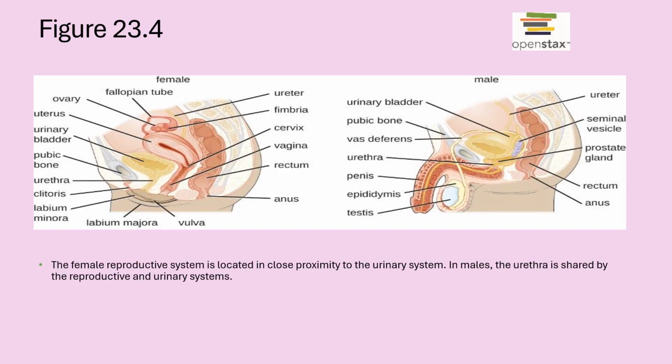If we look at the structures over here on the left with the female, you have the ovary, the fallopian tube, here is the uterus, the cervix, the vagina, and out. Since we were talking about the urogenital system, just note that here is the opening for the anus where all your waste products are coming from the intestines ultimately, and then here is the vagina, and up here is the bladder.